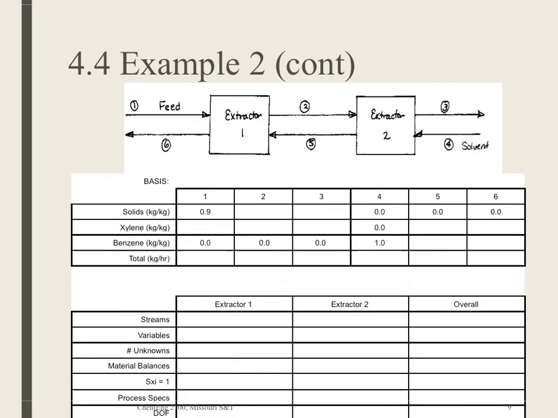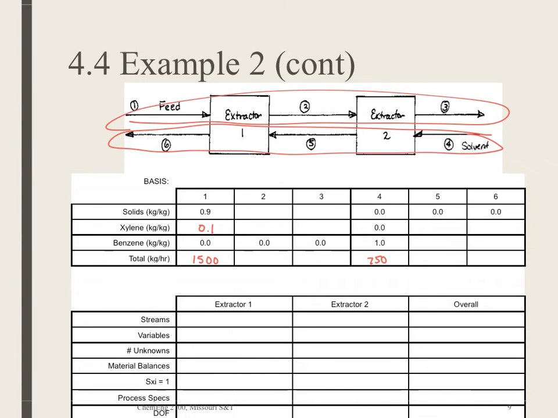So we are given that the feed contains 90% solids and 10% xylene with no benzene. That flows at 1,500 kilograms per hour. We are told that the solvent, stream 4, is pure benzene at 750 kilograms per hour. We are making the assumption that the benzene never leaves this chain of streams and that the solids never leave this chain of streams.